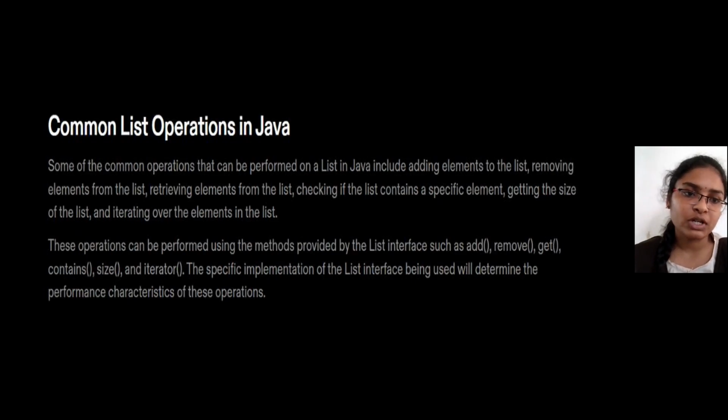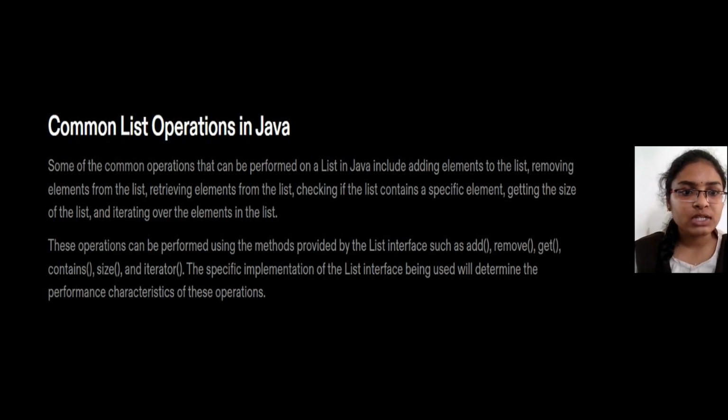Now let us see common list operations in Java. Some of the operations that can be performed on a list in Java include adding elements to the list, removing elements from the list, retrieving elements from the list, checking if the list contains a specific element, getting the size of the list, and iterating over the elements in the list.